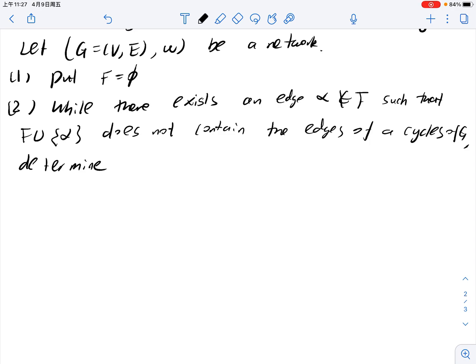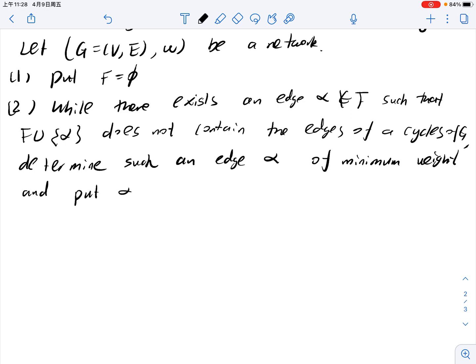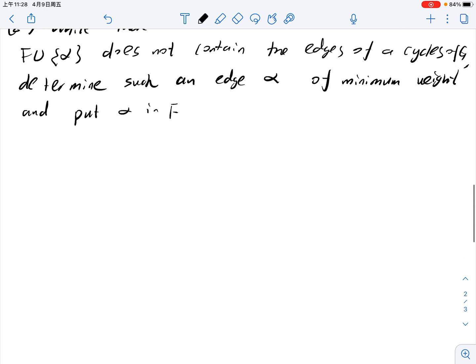You might have several edges satisfying the no-cycle condition; choose an edge alpha of minimum weight, and put alpha in F. So you increase the edge set size by 1. And you repeat until there's no such alpha, then you output the final result.